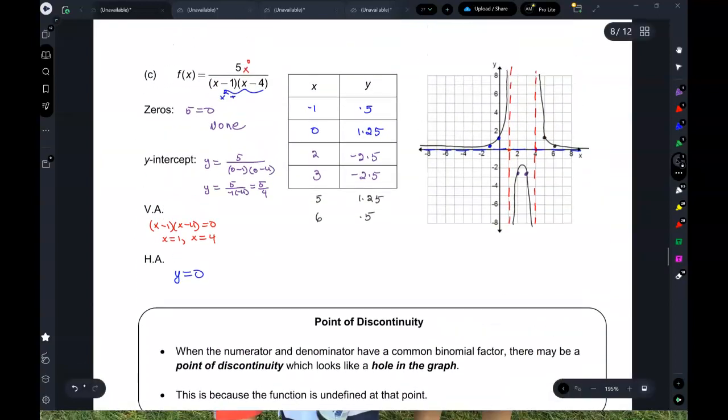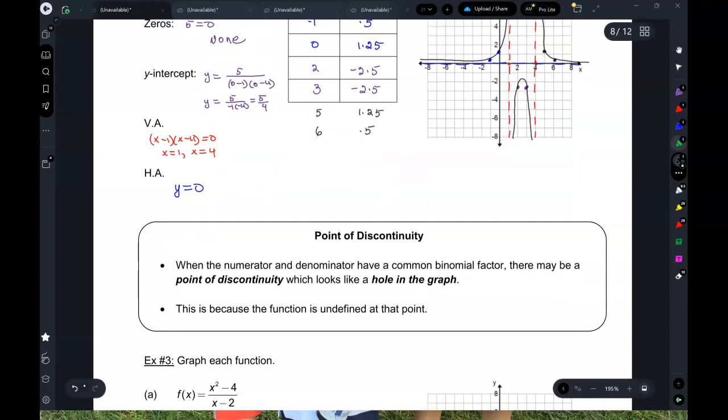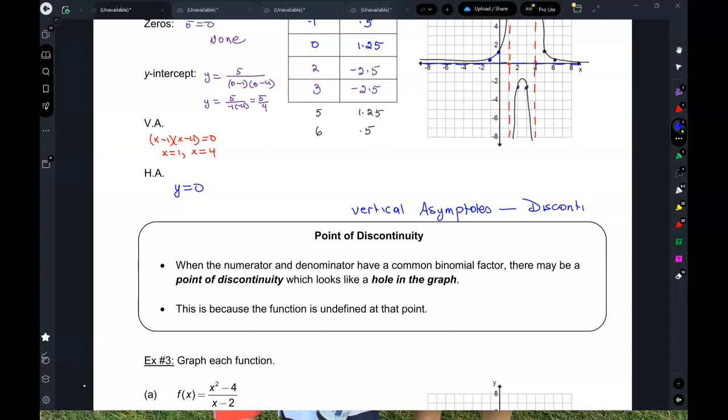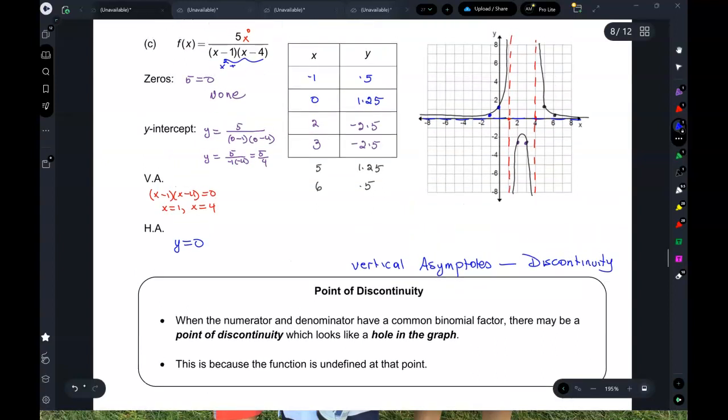When we talk about vertical asymptotes, not the horizontal ones, vertical asymptotes are discontinuities in the graph. You can see here, if you have your pencil on the graph and you're tracing it, when you get to the first red vertical asymptote, you have to take your pencil off and then continue, right?